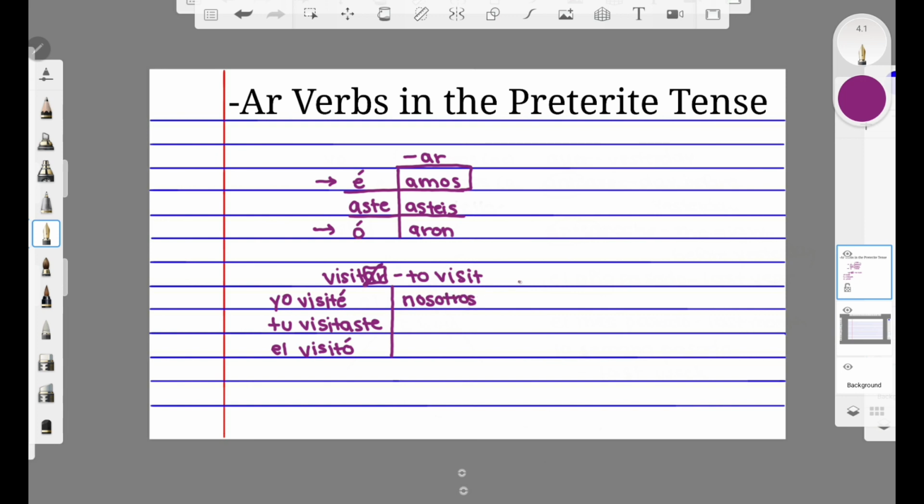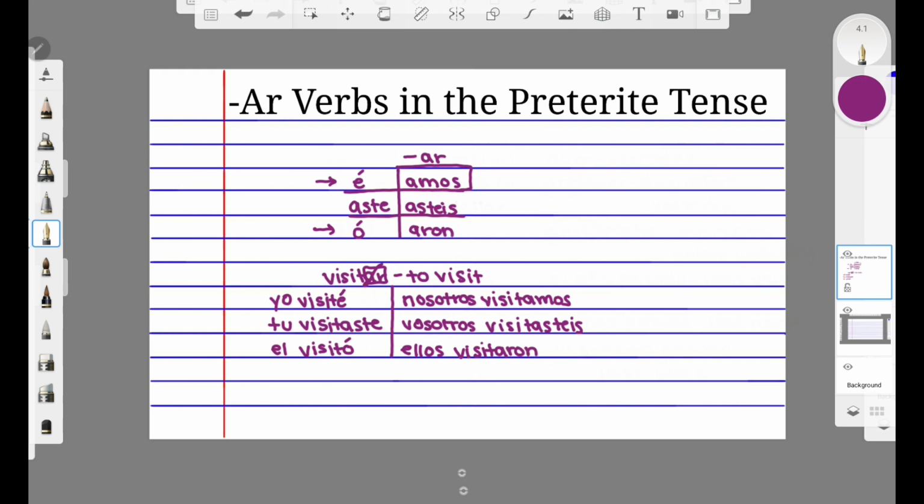We have nosotros visitamos. Vosotros visitasteis. And ellos, ellas, ustedes visitaron.